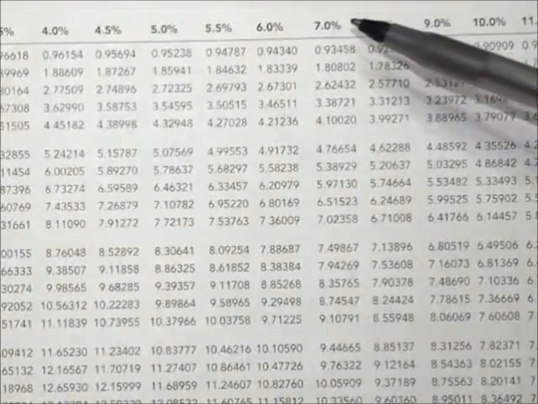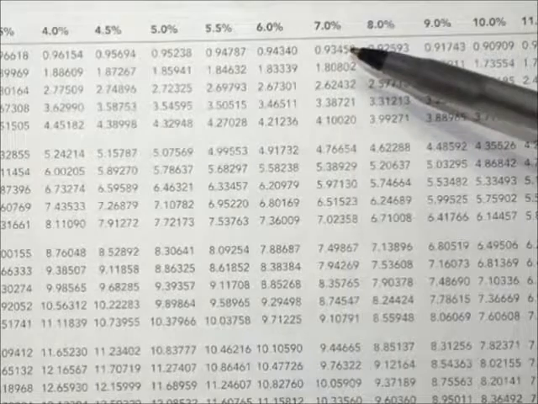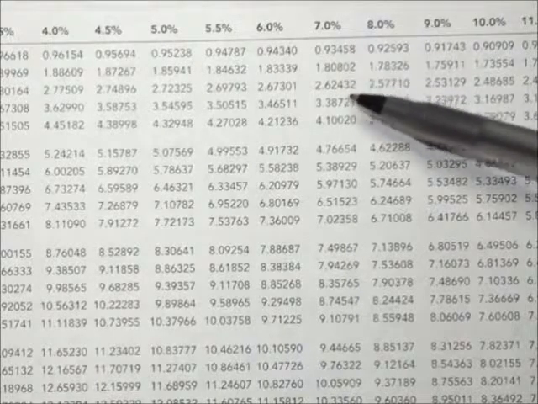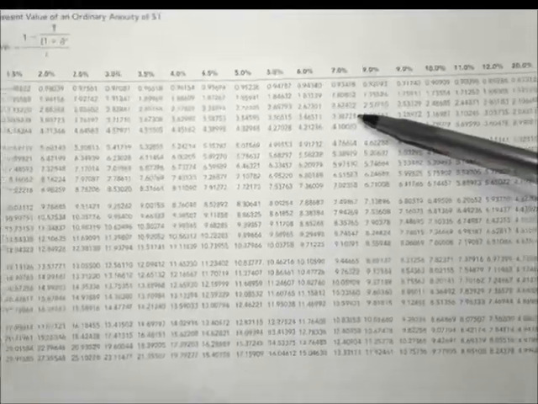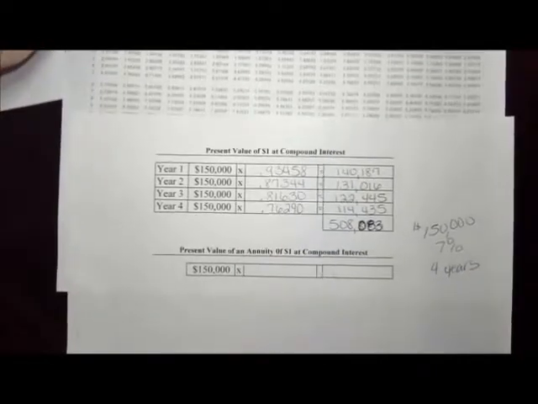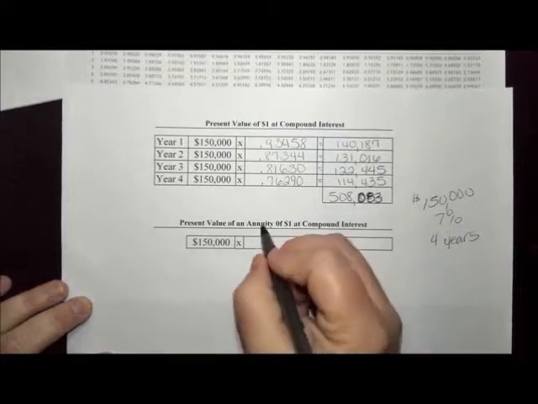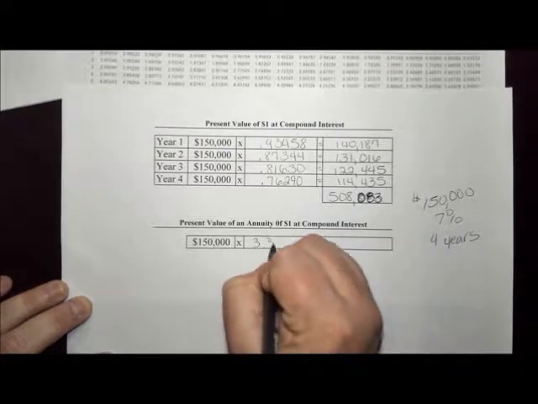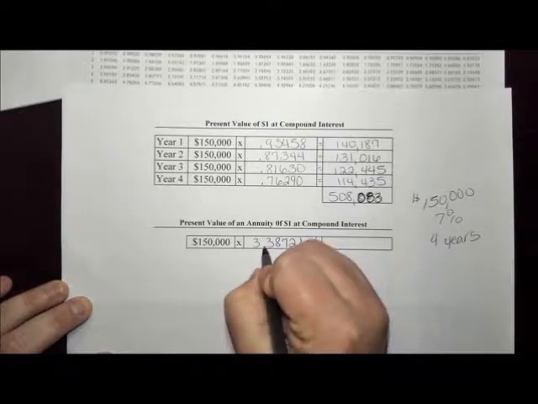So I'm going to find the 7% column, and this time I'm going to go all the way down to year 4. 1, 2, 3, 4, year 4, and I see 3.38721. So I'm going to take this information and enter it here, 3.38721.